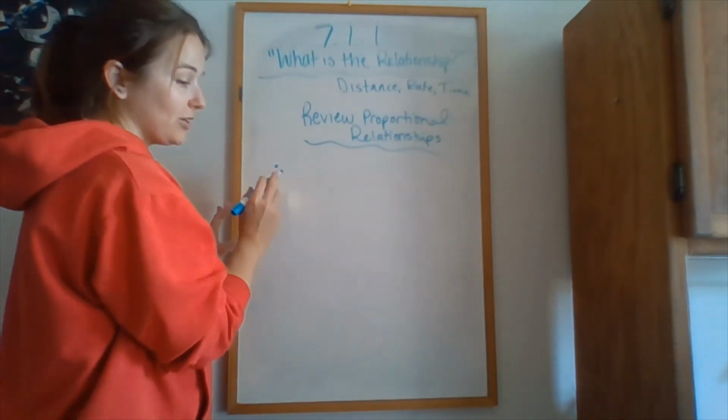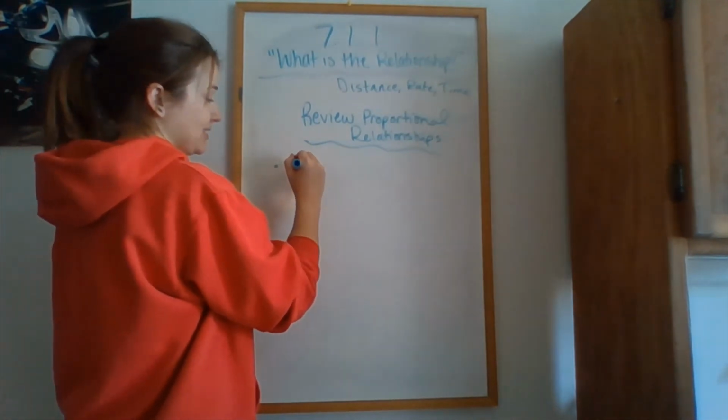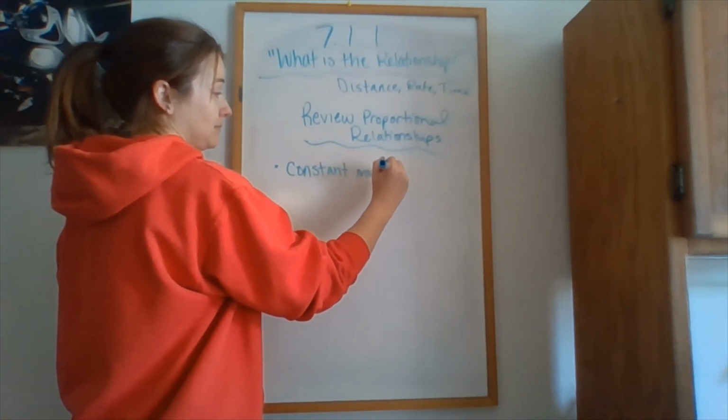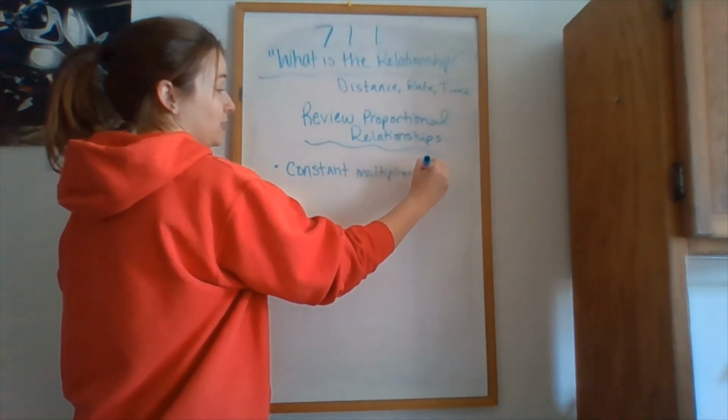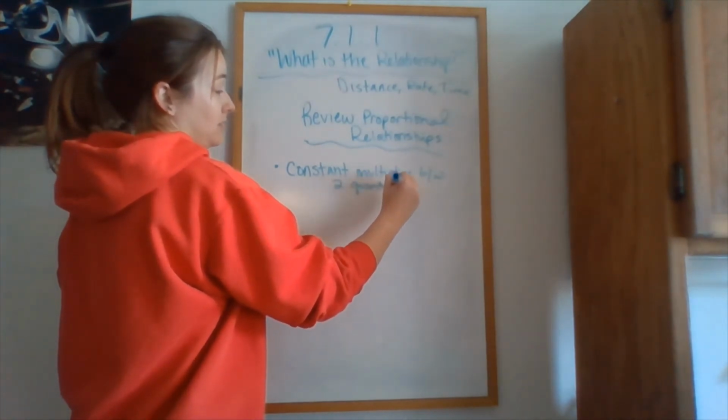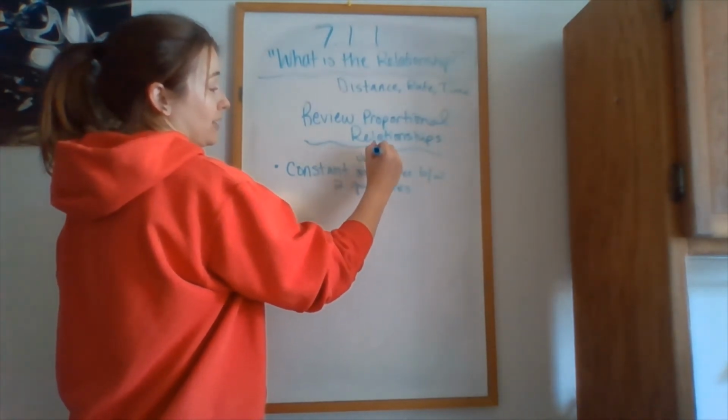So we know that a proportional relationship has a constant multiplier between two quantities, also known as the unit rate.